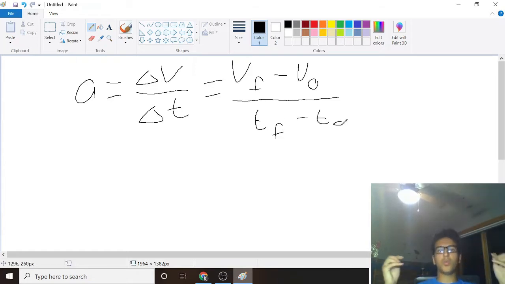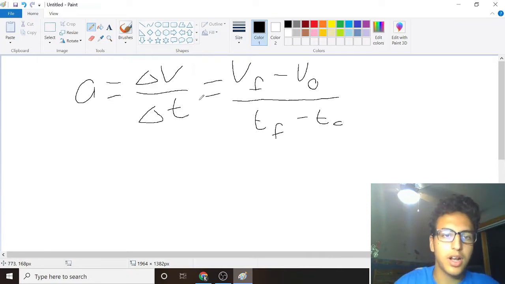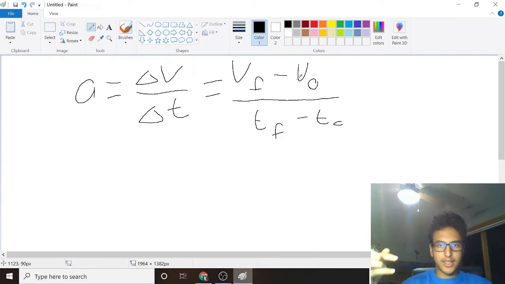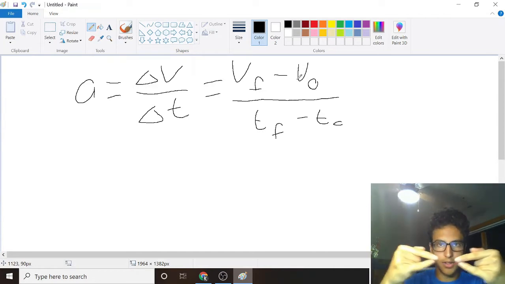But we have a tool in calculus that I'm not going to get much into, but basically, instead of looking at final and initial times, we look at the difference of these two velocities and times as they get closer and closer together.